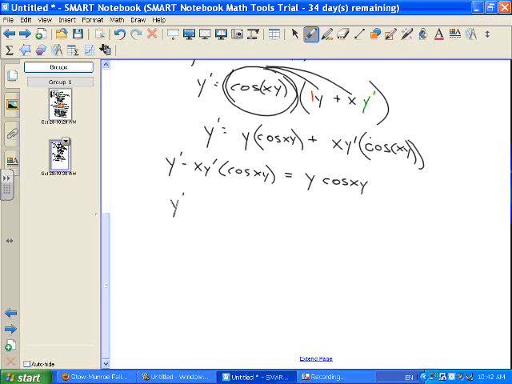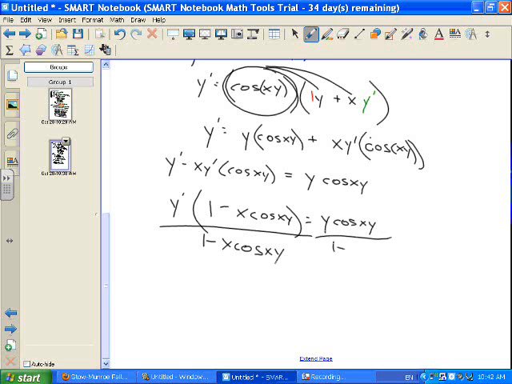Pull out a y prime, leaves me with what over here on the left? Then divide everything by 1 minus x cosine of xy. Y prime equals y cosine of xy over 1 minus x cosine of xy.